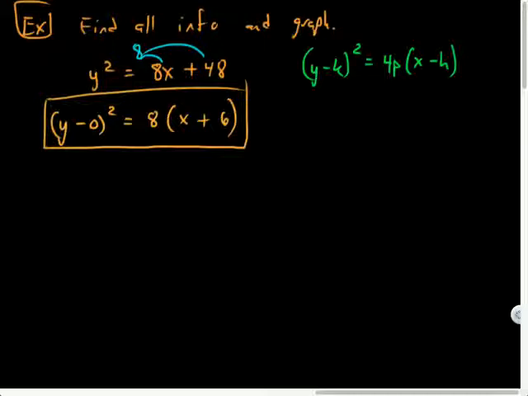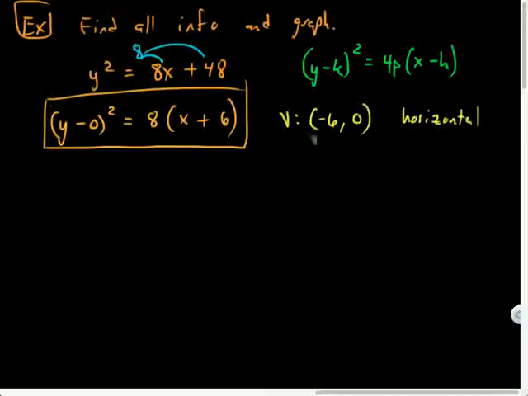So let's see what information I can gather. Okay, what is the vertex? 6. Nope. Negative 6. Positive 0. I love it. Yes. And we already said that this was horizontal. I guess I can specify that.